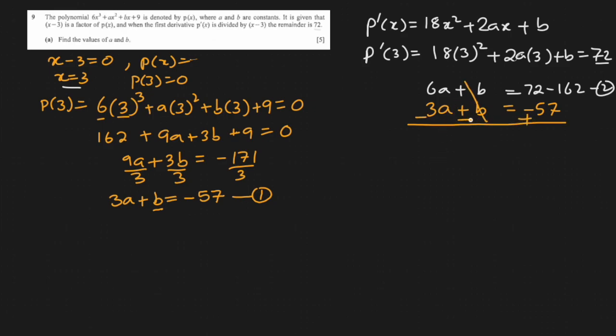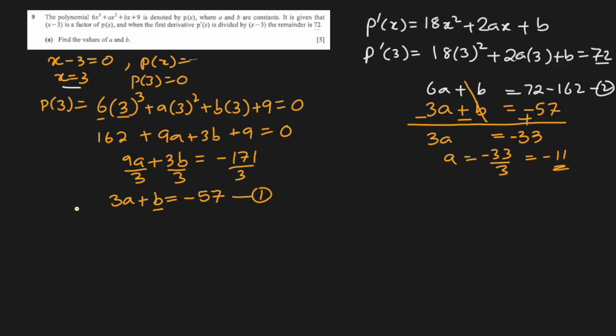This cancels out because of the opposite sign. 6 minus 3 is 3a equal to, so 57 plus 72 will be 129, and this divides here 162, 33 and negative 33. So a comes out to be negative 33 over 3, which is negative 11.